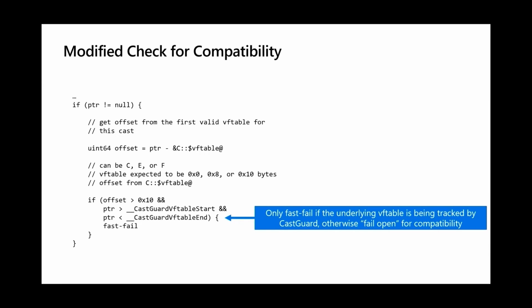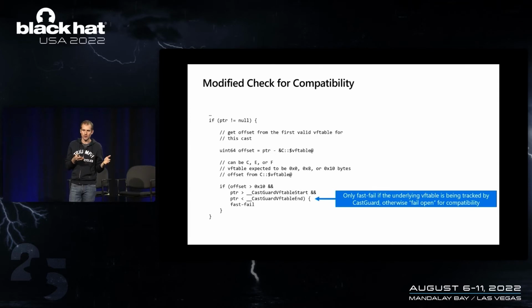So it's pretty uncommon for us to have casts happening on an object that was not actually created inside of your binary. For most cases that we see, we can do secure cast checks. We don't need to worry about the object coming from another binary. So this fail-open application compatibility check is not a big deal for us.